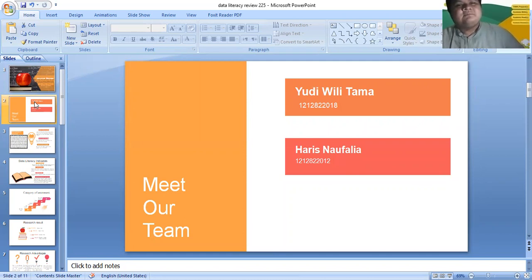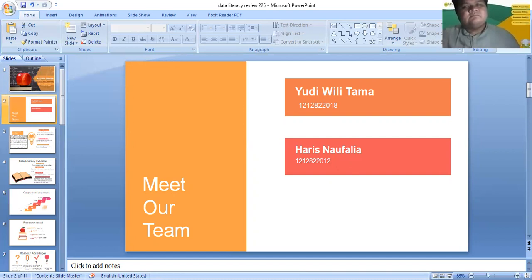So, for the preface, I would like to extend our presentation about the term data literacy. What is data literacy in common terms? According to Svetla Baikoseva, 2015, in his book Managing Scientific Information and Research Data, data literacy is the ability to read, understand, create, and communicate data as information.